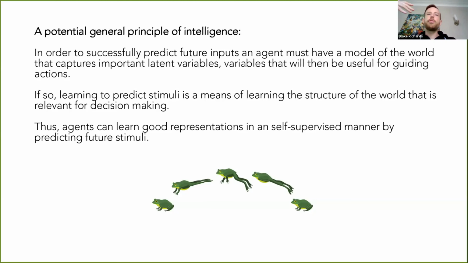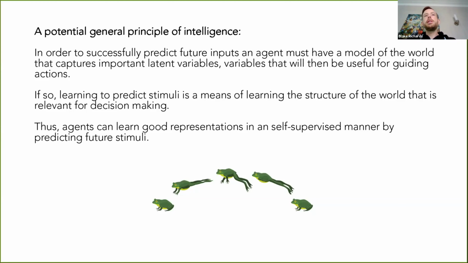So for example, if you see a frog, in order to be able to predict what is going to happen when the frog jumps, you need to understand something about the nature of its legs, how its legs give it propulsion, how gravity impacts its body, etc. So if you can actually predict the future visual inputs that you get, say, when you first see a frog start to jump off, chances are that internally in your brain, you've got a reasonably good model of the physical world.